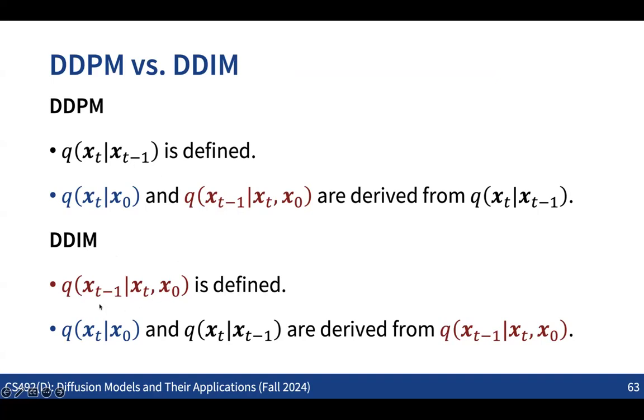Instead, we first define the distribution sampling x_{t-1} from x_t and x_0. Based on this definition, we can derive the forward jump distribution, the forward transitional distribution. If we define this distribution as shown in the previous slide, then the forward jump distribution remains the same as DDPM. So this is an interesting effect.